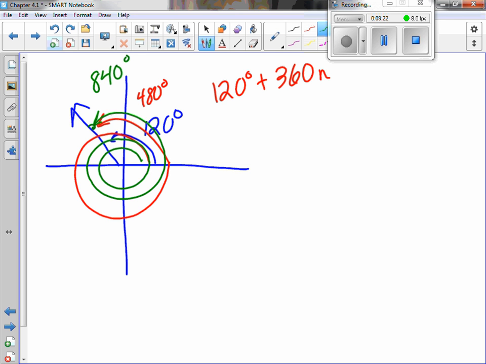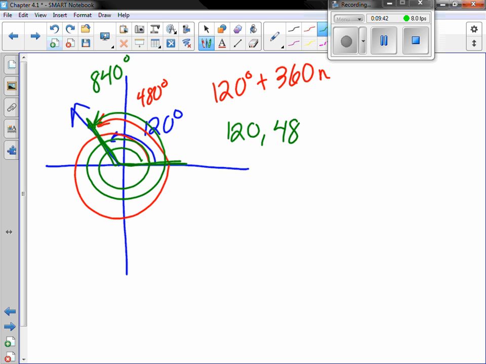So really we're describing this angle here, and we can go around 360 and then go that additional amount to get to that same point. Yeah, so it's really saying that 120 and 480 and 840, if I were to chart these angles, end up putting me in the same exact place.